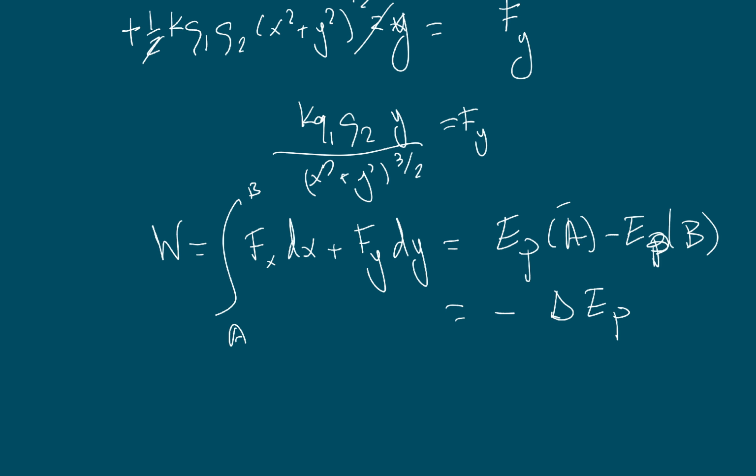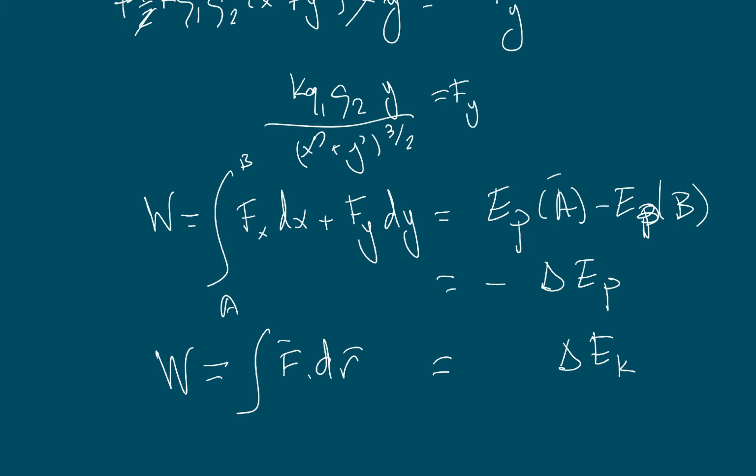Now I can do something else. We have seen in the last video a proof of the theorem of work and kinetic energy. What we have said is that the work of the force produces a change in the kinetic energy.